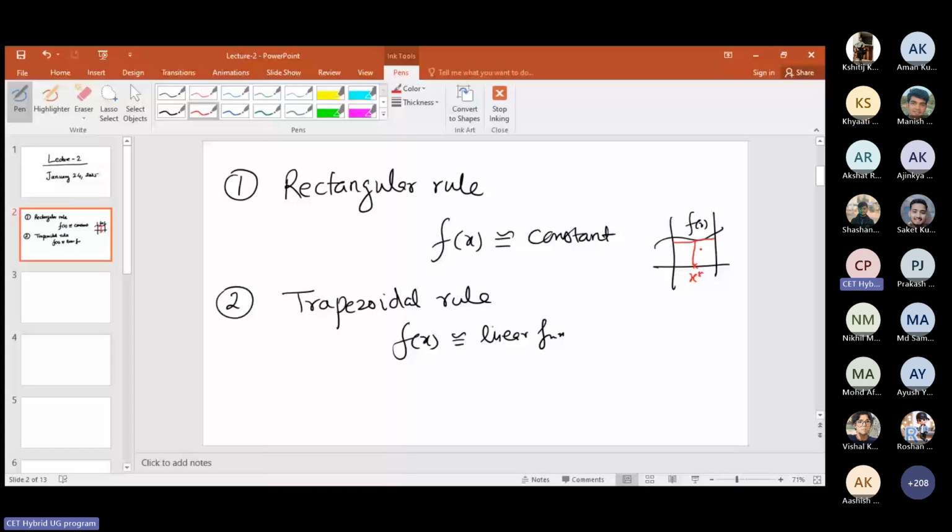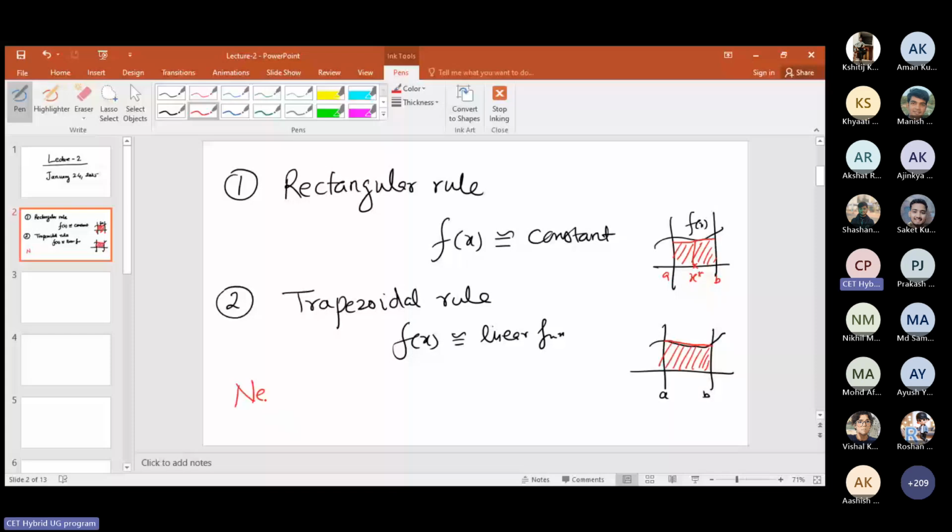So this shaded region we found instead of the area under the curve. Whereas in case of trapezoidal, if this was the function, what did we do? We made a trapezium by joining these 2 points, and then we found this shaded region instead of the value of the function.